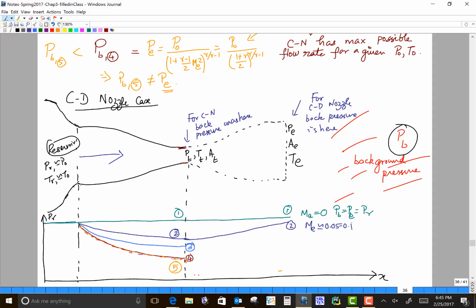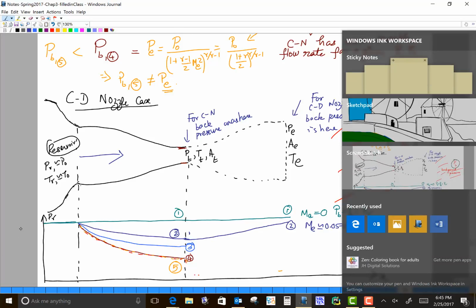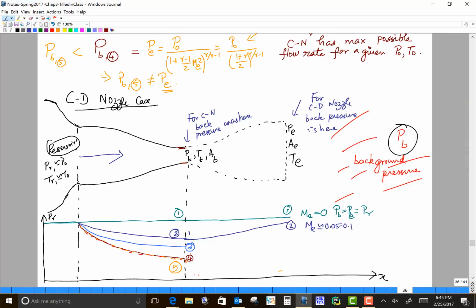If the throat Mach number MT is approximately 0.1 to 0.2, then the exit Mach number is going to be 0.05 to 0.1, and my PB is still equal to PE, and this is going to be just slightly smaller than PR.